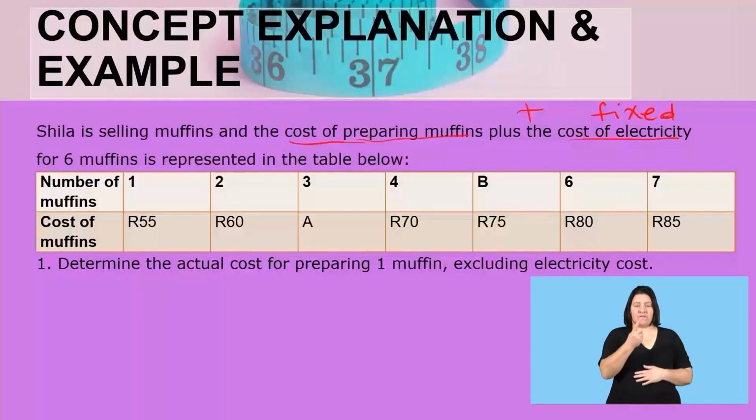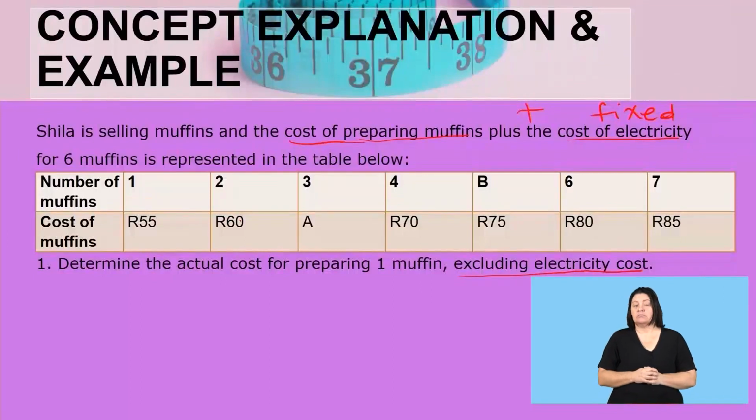The first question: determine the actual cost for preparing 1 muffin, excluding the electricity cost. For you to know the cost of preparing 1 muffin, you need to get the difference between two consecutive values in the table. Looking at those values, these are the two consecutive values on the table. So you have 60 rand. We get the difference between these two.